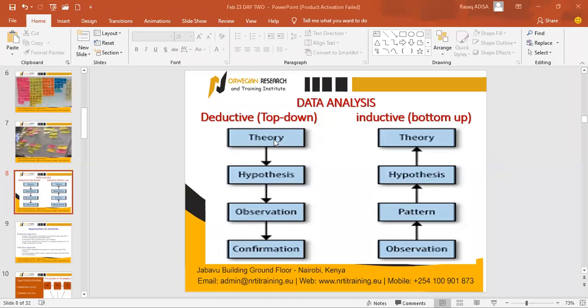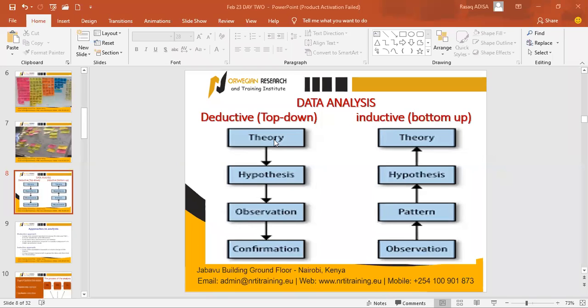So it is the variables you have discovered from theory or from literature that you will now use to determine your objective, to determine your research question, to determine your hypothesis, to determine your instruments.